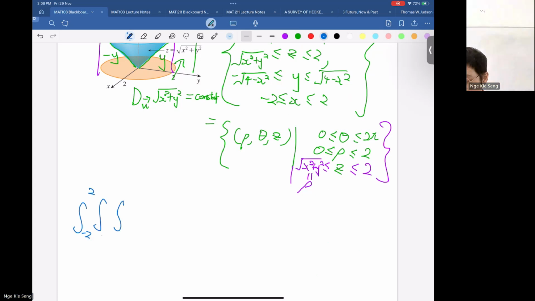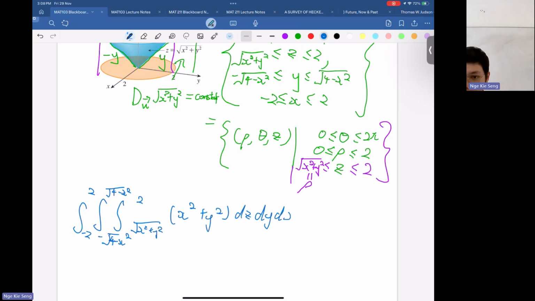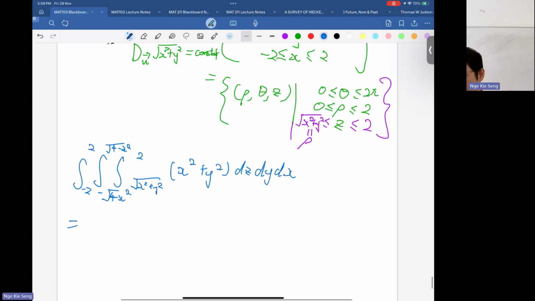So let's write this down so we can change the complicated integral into cylindrical form, let's say dz, dr, d theta. Why do we want to integrate over dz first? Because z is dependent on the rest, in particular rho here. So z is from rho to 2.